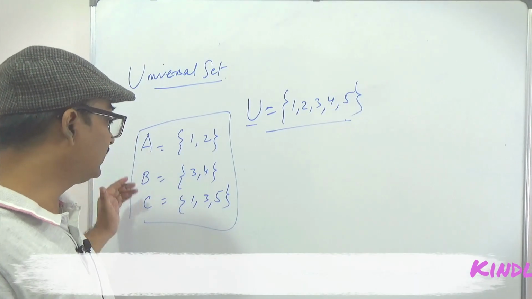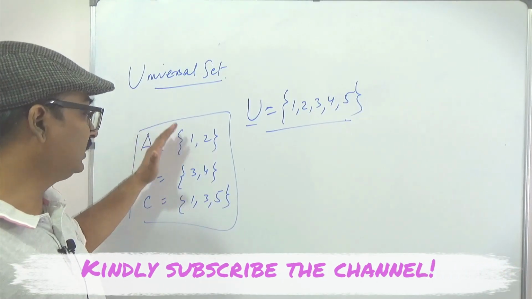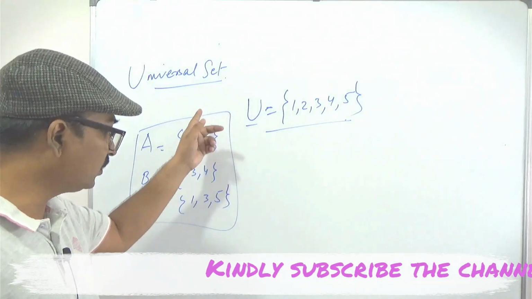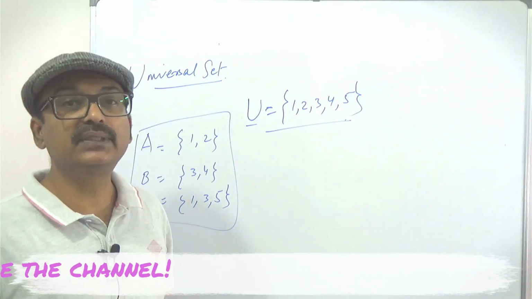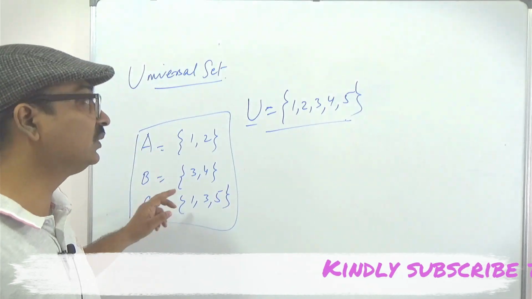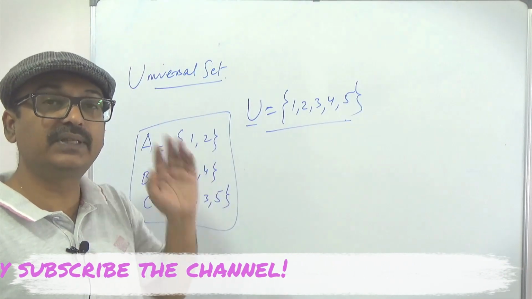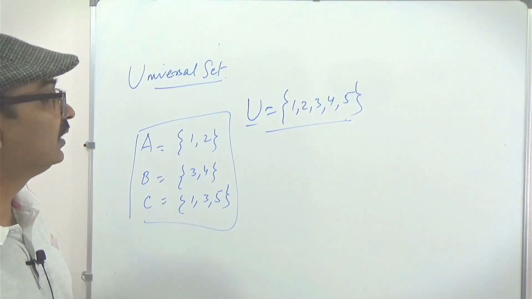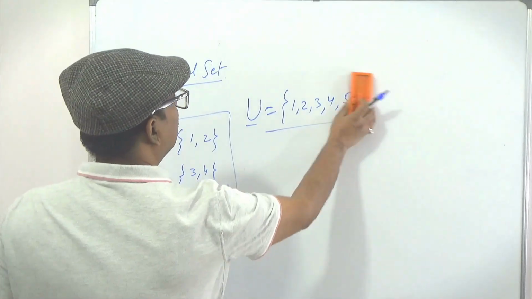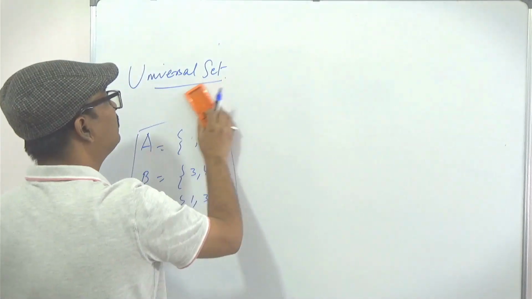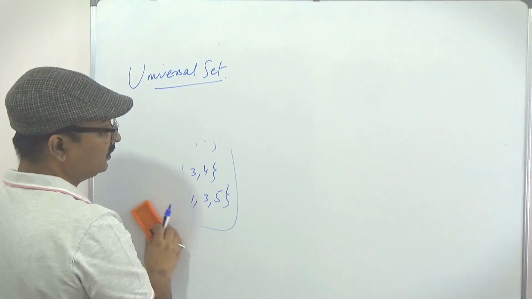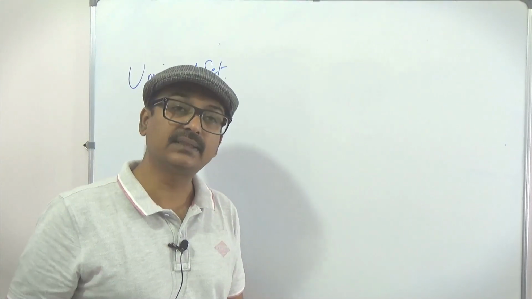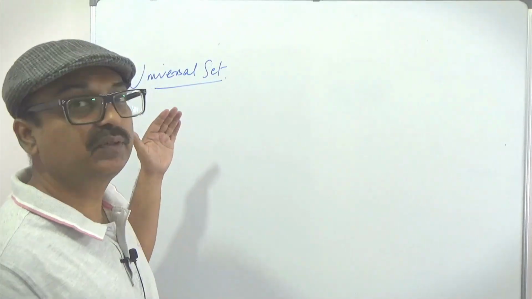If we have three sets A, B, C, and they contain 5, 6 elements, then a set which contains all these elements will be the universal set for these three sets only. This is not universal for every set. This is universal for these three sets. For example, real numbers can be taken as the universal set for the natural numbers, the integers, and the rational numbers. So this is the concept of universal set.